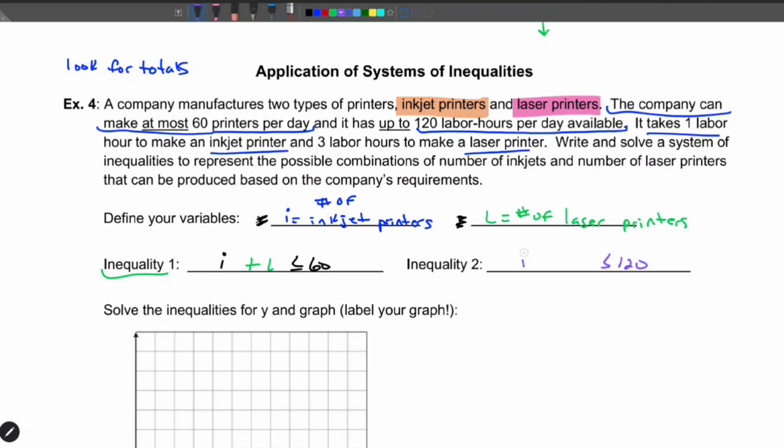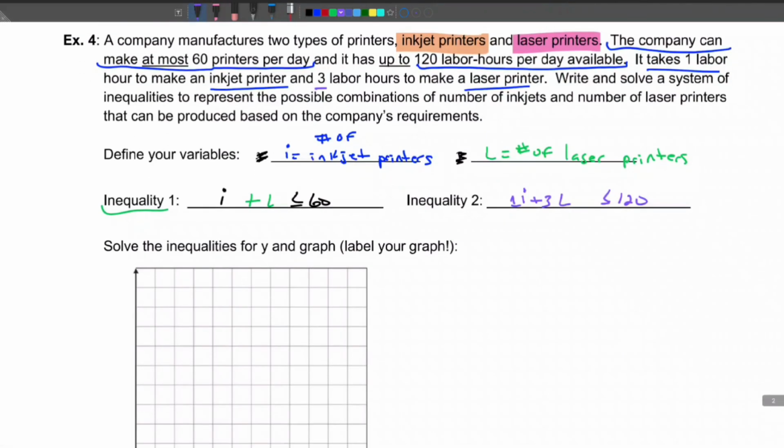We know that I and L are the number of inkjet printers and the number of laser printers, but we know that each inkjet takes 1 labor hour to make, and each laser takes 3 hours to make. And so those are our inequalities.